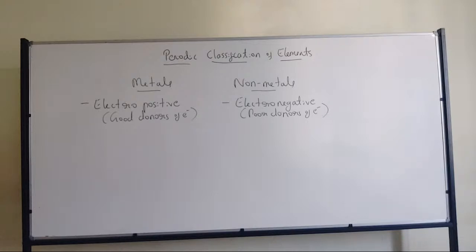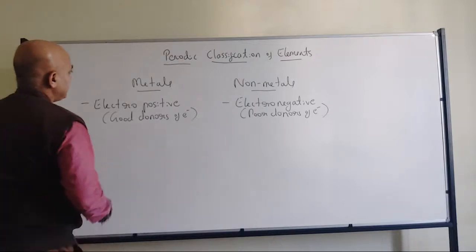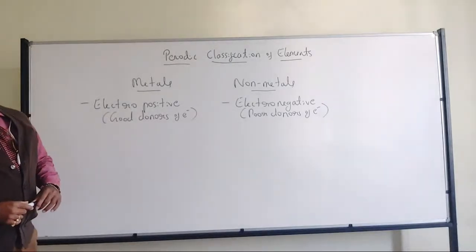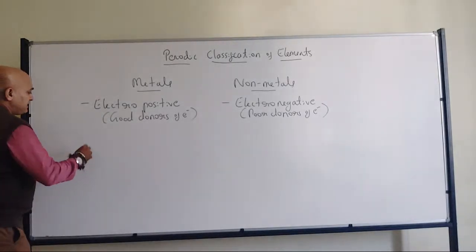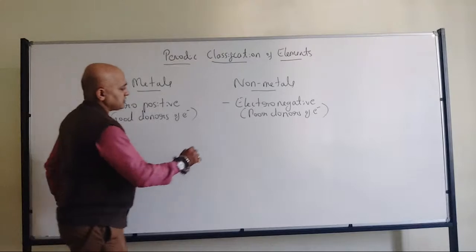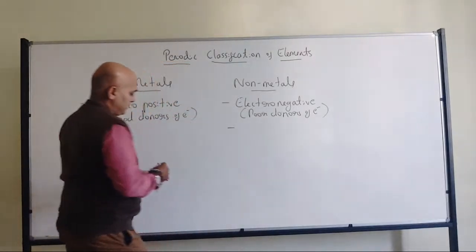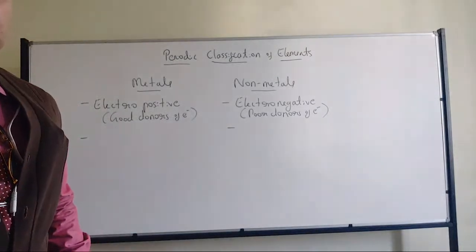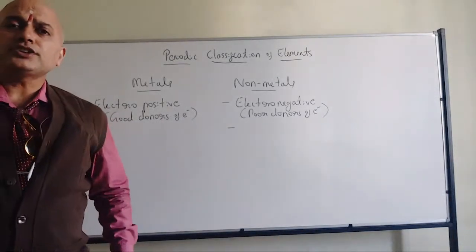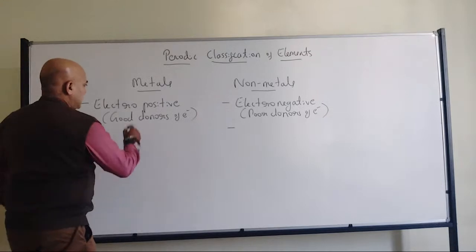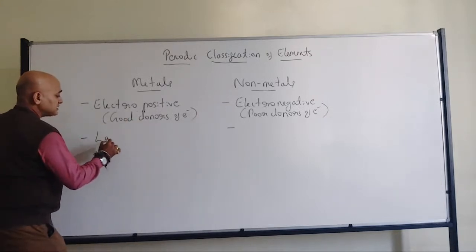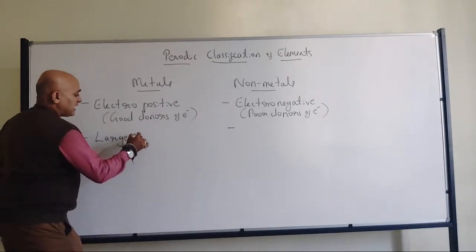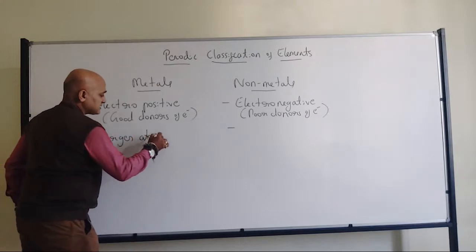So what can be the next differences between metals and non-metals? What can be the major differences? To be short, metals are electropositive because they have larger atomic size.